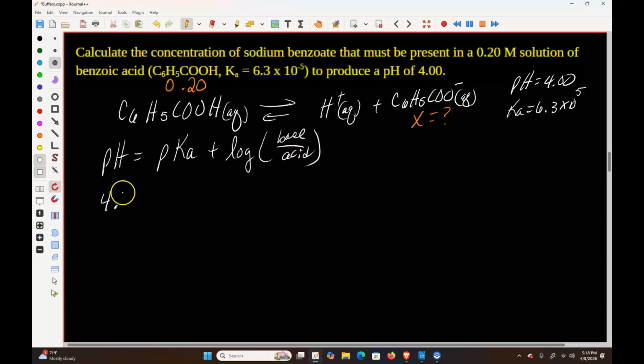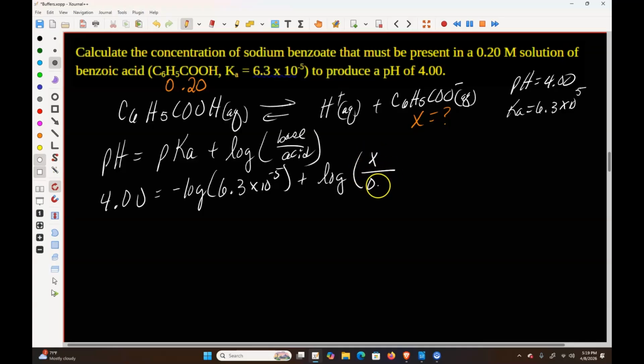we start with 4.00 equals the pKa, negative log 6.3 times 10 to the negative 5, plus the log of the base over the acid.